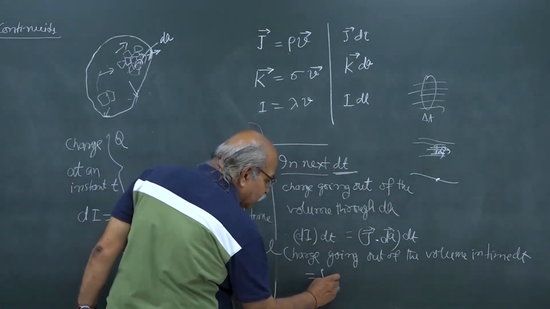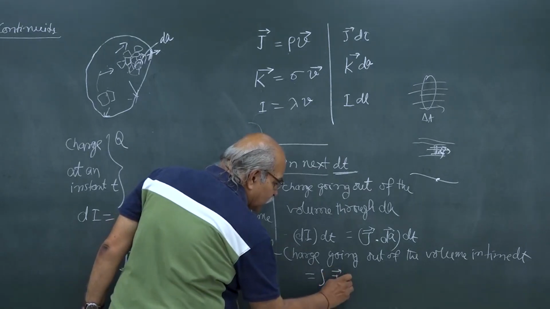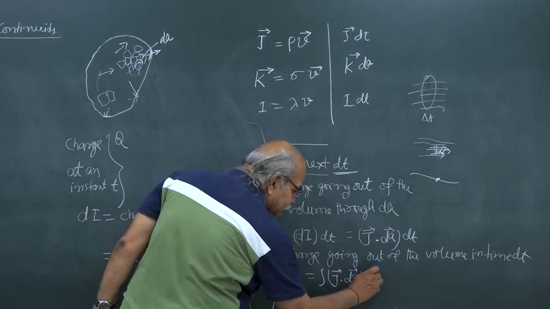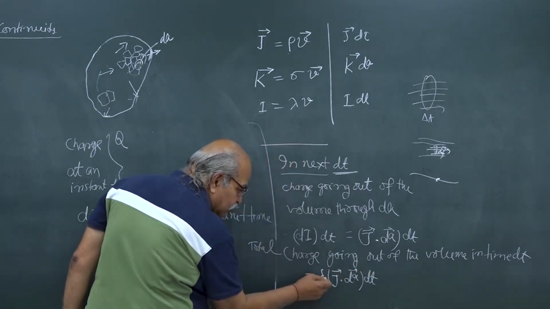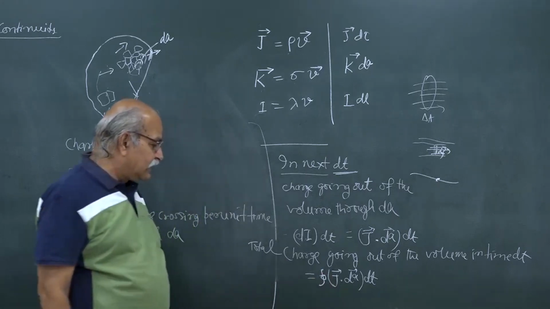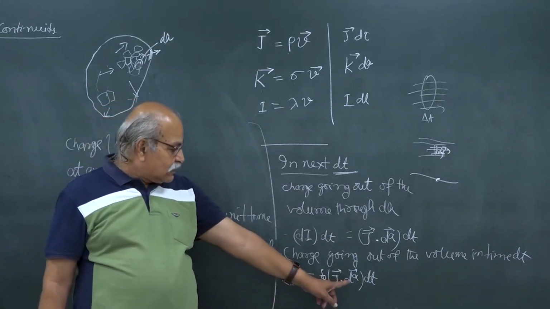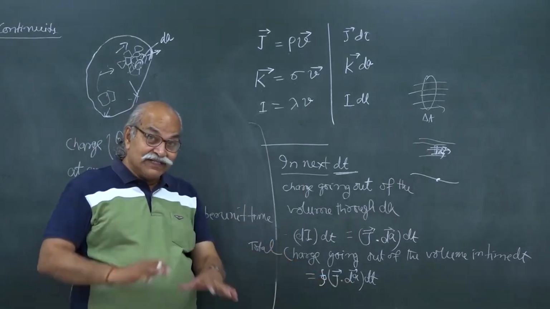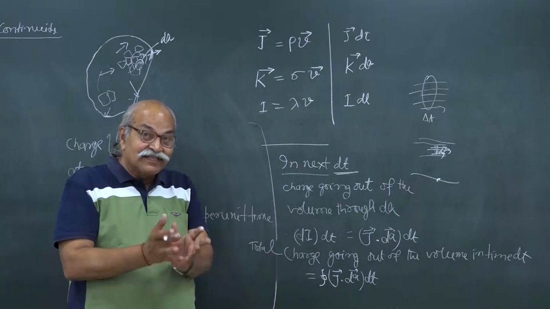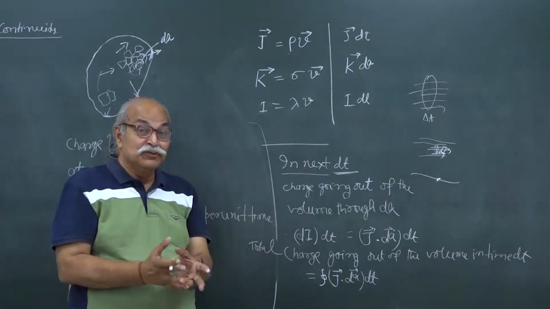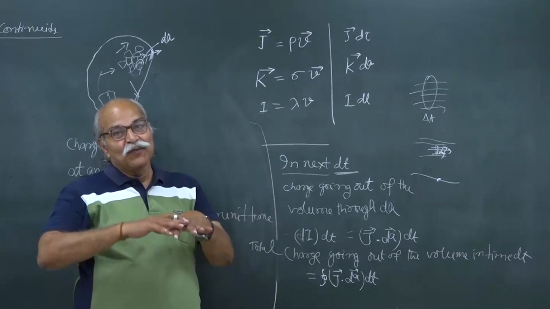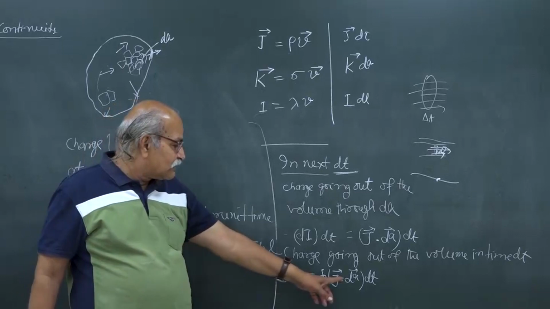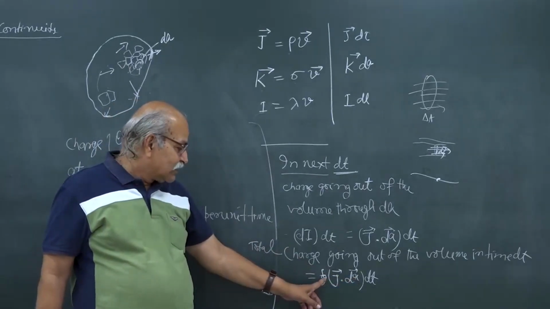So it is the integration of J dot dA and then dt, and then we put a circle on this integration sign to tell that our surface is a closed surface, because it is enclosing a volume. You also have open surfaces, but open surfaces will not enclose any volume. So this is a closed surface and therefore we are putting this circle here.